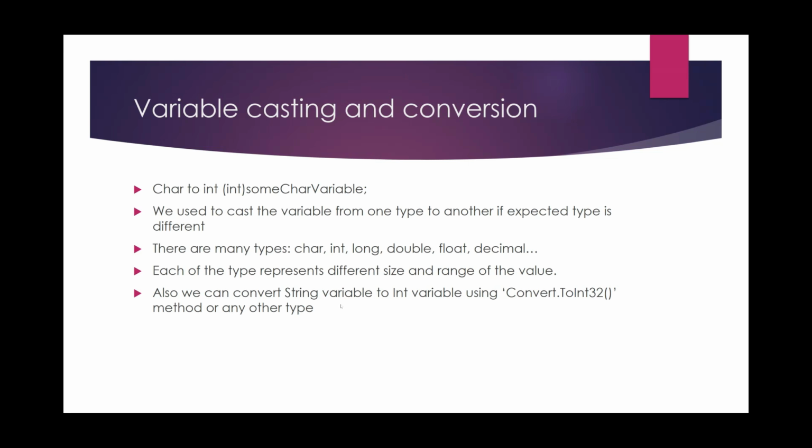Also, we can convert some types to another by using convert methods. There are different methods, like Convert.ToInt32, but we can also convert to double, float, and so on. Also, we can convert integer variables to string, but I will discuss type conversion in my other course.